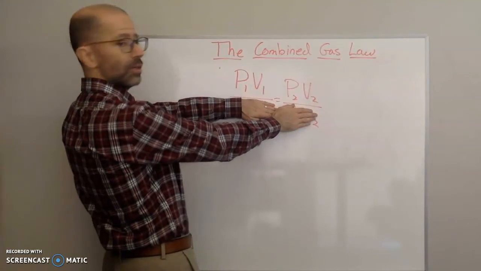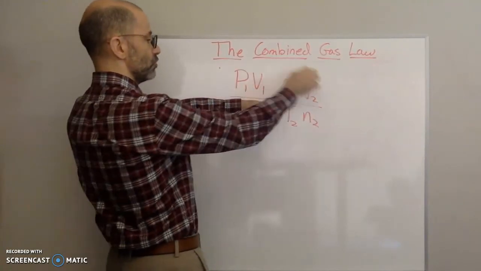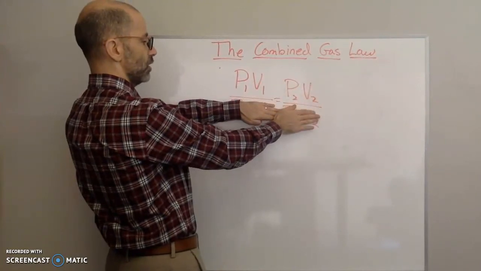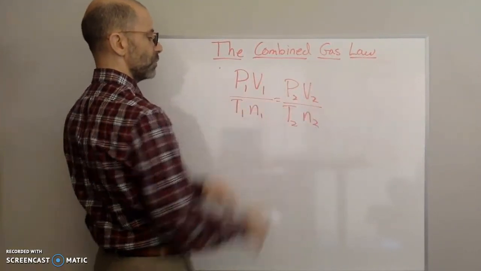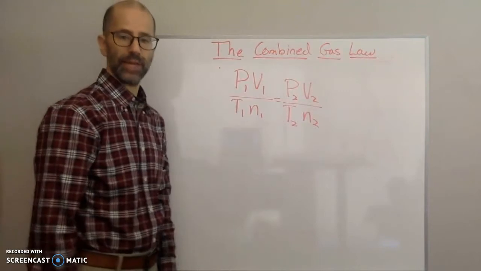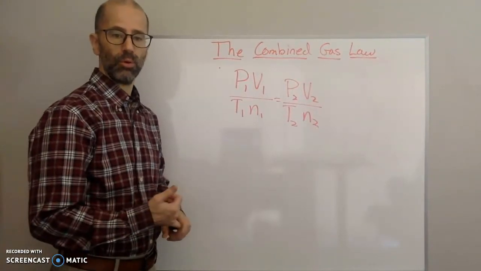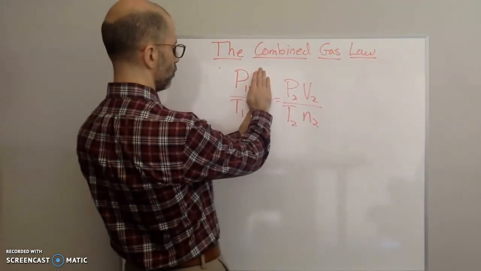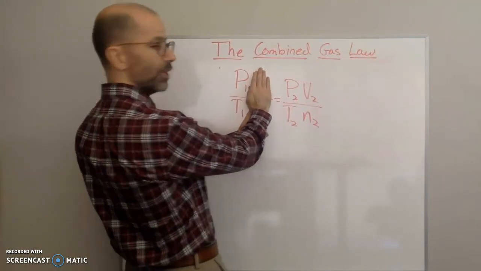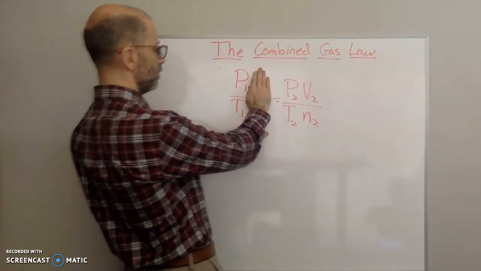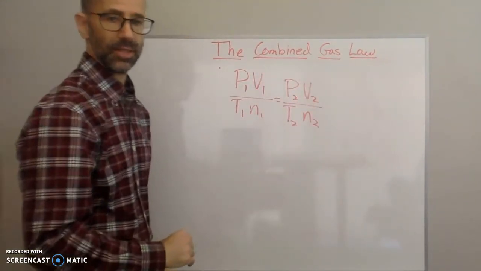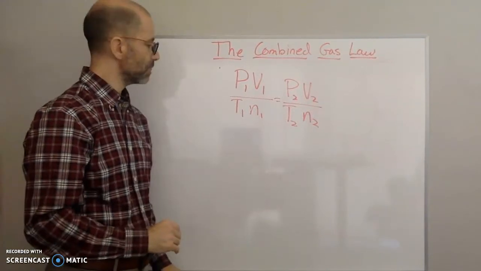You have Boyle's law. So you're going to use this: P1 V1 equals P2 V2. What if they tell you that volume and the number of moles is constant? So you cover that up, and you have P1 over T1 equals P2 over T2. That's Gay-Lussac's law.